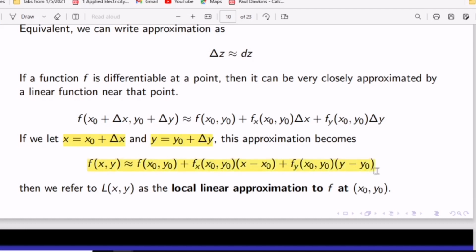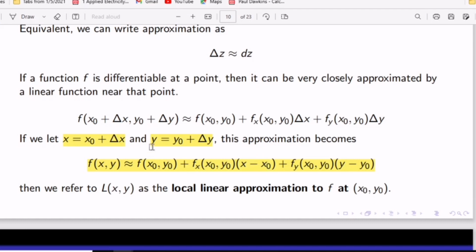So they're going to give you a function, and then they're going to give you the point at which the function is differentiable, right? Then you are supposed to find the linear approximation. Simple, you're going to use this formula. So with the linear approximation, you're going to take the function itself, then you put the point given to you in the function, then plus you partially differentiate the function with respect to x, then you put the values inside, then times the change in x, which is x minus x naught.